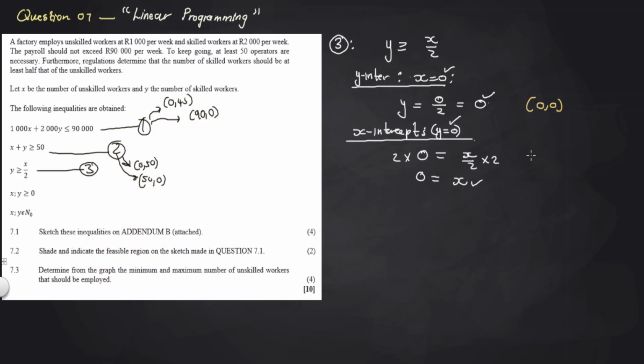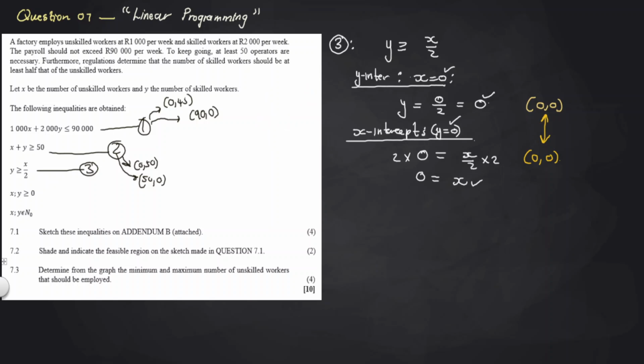It means that the coordinates are going to be 0 and 0. So my third constraint will pass through the origin. The 0 and 0 is the origin.